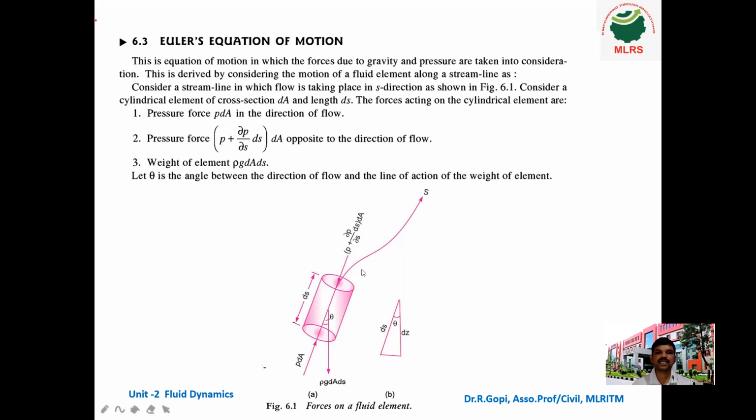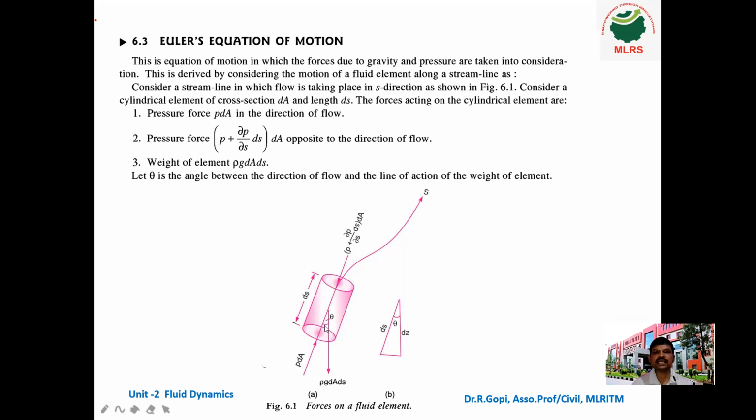Now let theta be the angle between the direction of the flow and the line of action of the weight of the element. You can see the fluid element is not perfectly vertical. It is tilted at some angle, so it is an inclined element.